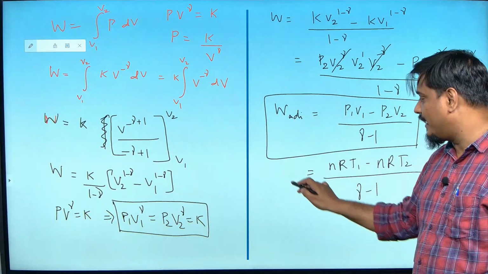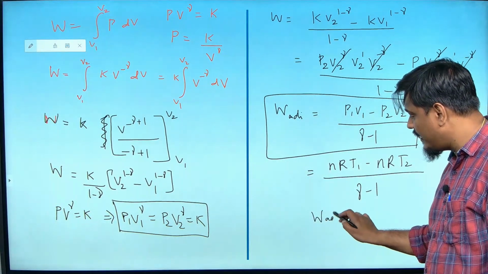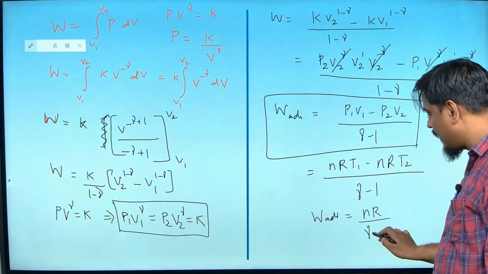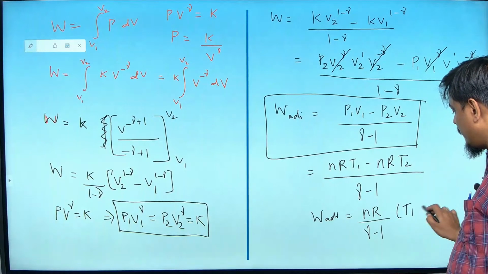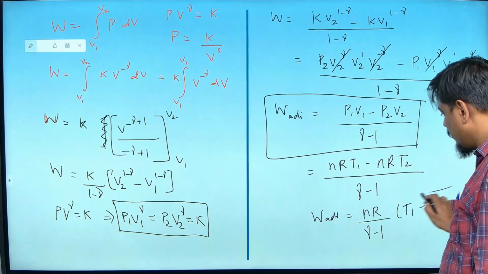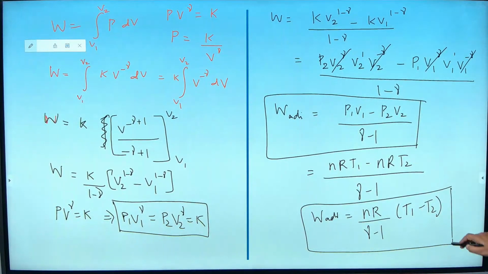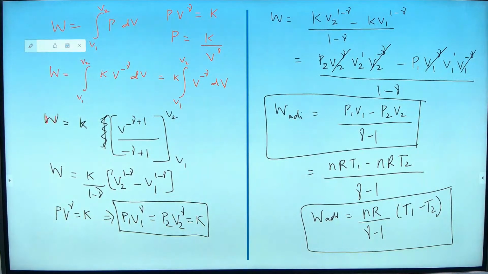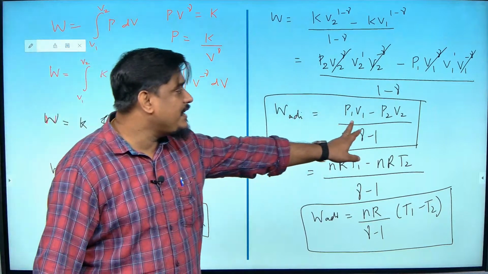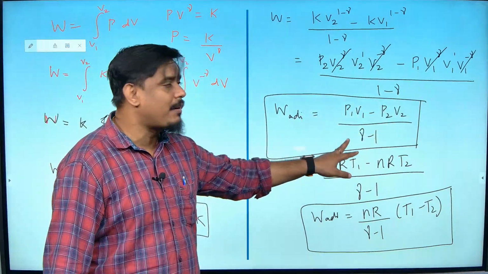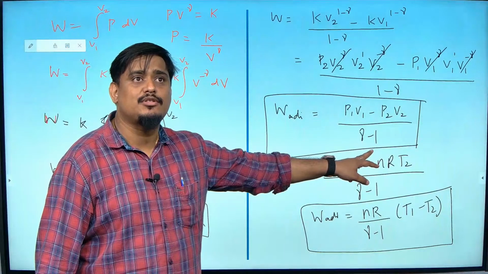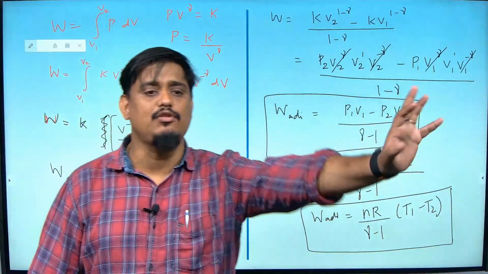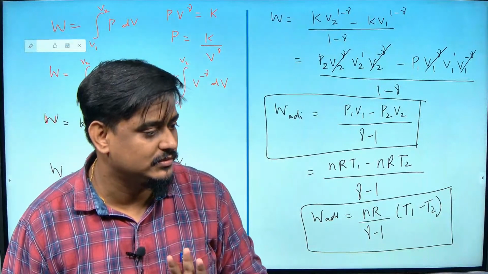So that can be written as work done during adiabatic process, nR by gamma minus 1 into T1 minus T2. So work done during adiabatic process in terms of pressure and volume can be written as P1 V1 minus P2 V2 by gamma minus 1, and in terms of temperature as nRT1 minus nRT2 by gamma minus 1.